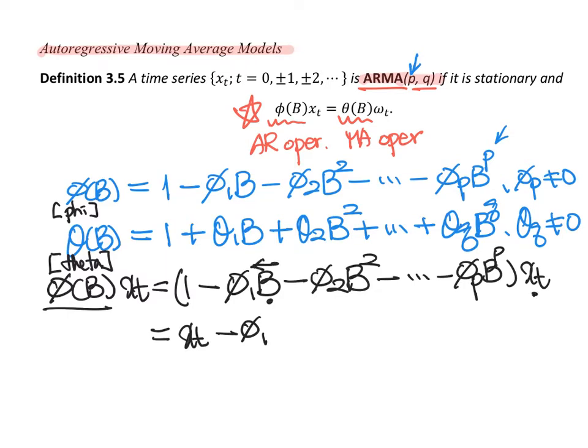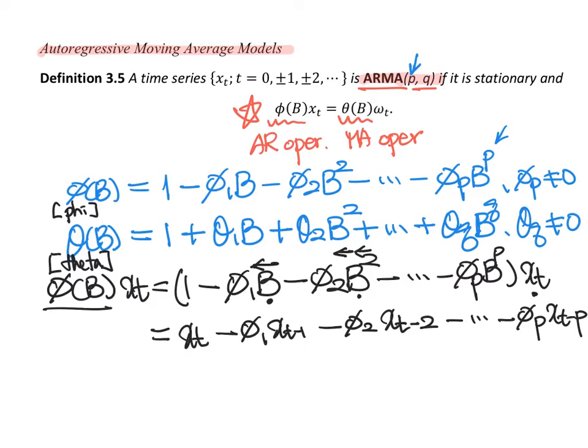B was the backshift operator, so B x t will be x t minus 1, and B squared is a backshift twice, so x t will be x t minus 2, and the last one will be phi p x t minus p.